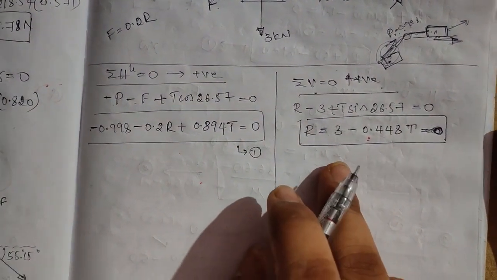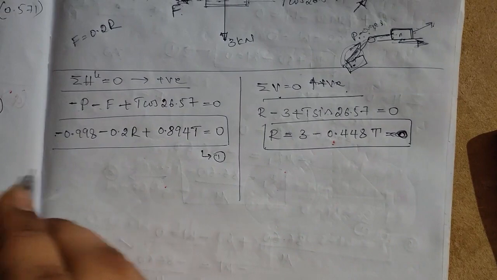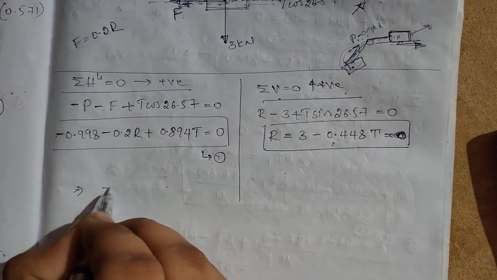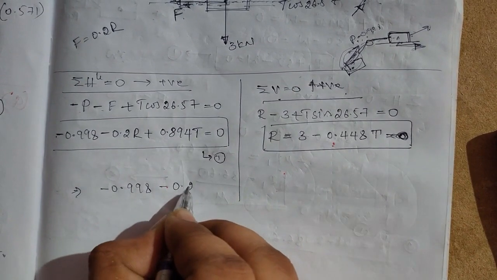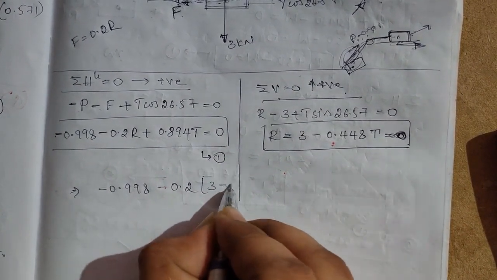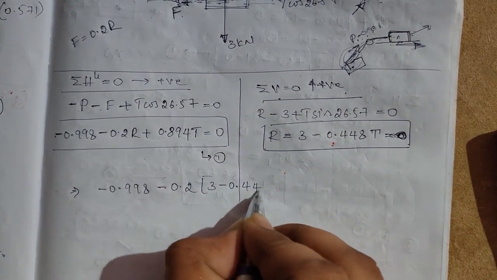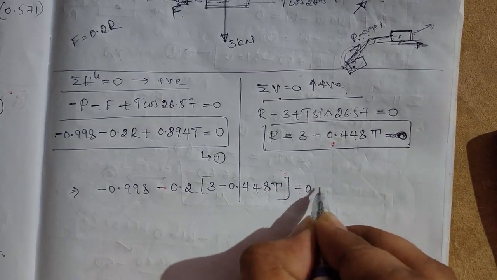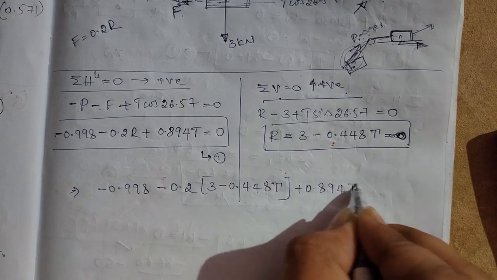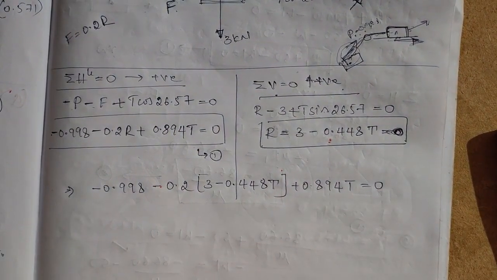Now I'll substitute this value of R into equation 1. What happens? So minus 0.998 minus 0.2 into the value of R, which is 3 minus 0.448 into T, plus 0.894 into T is equal to 0.